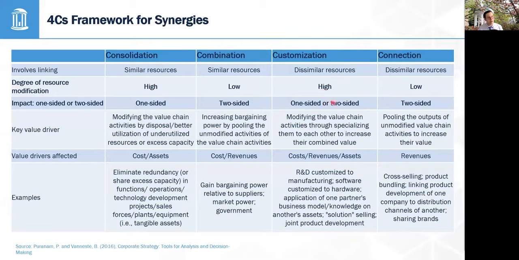You could have high modification with two-sided synergies, but I would not put that on the exam. For exam purposes, you'll only be seeing things where they're either correlated or you only have information about one or the other. But again, high modification and one-sided synergies tend to be best managed within a firm, because transaction costs are higher than ownership costs in those cases.